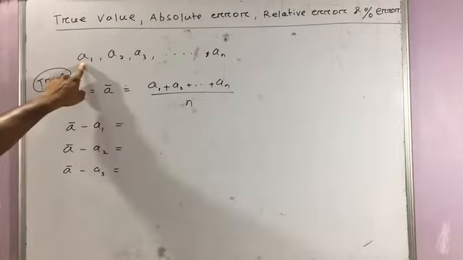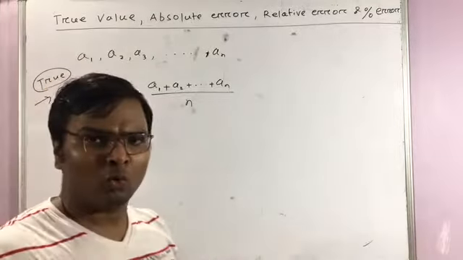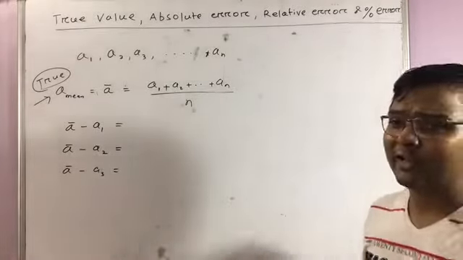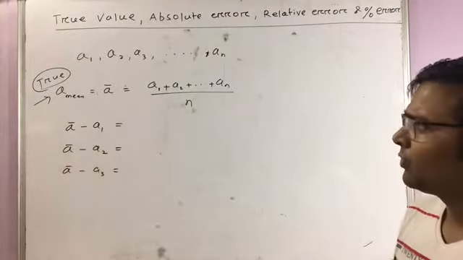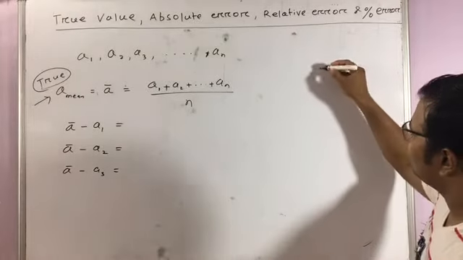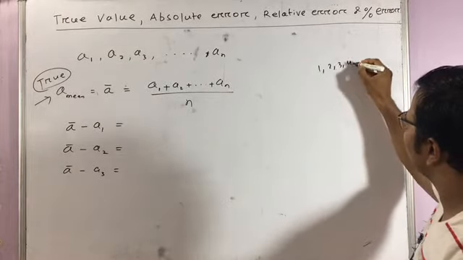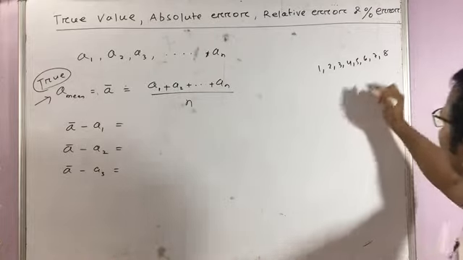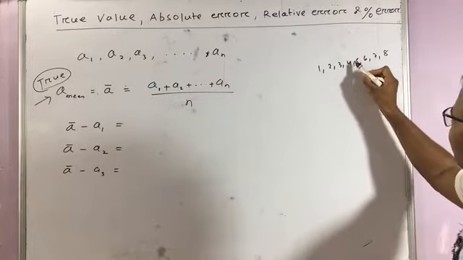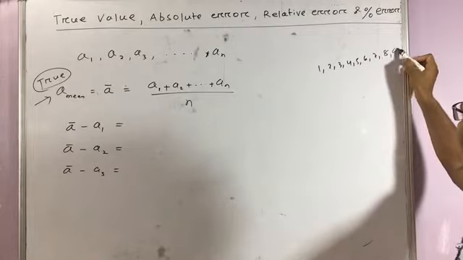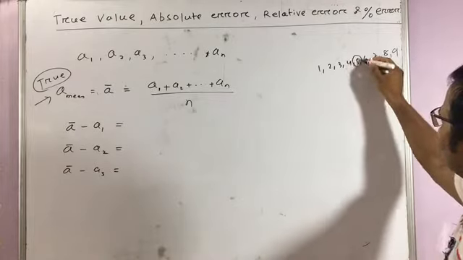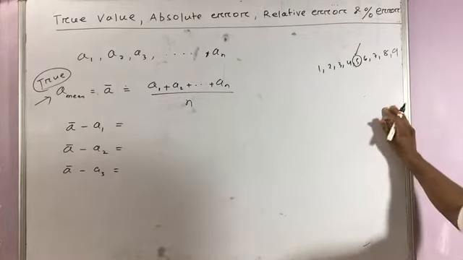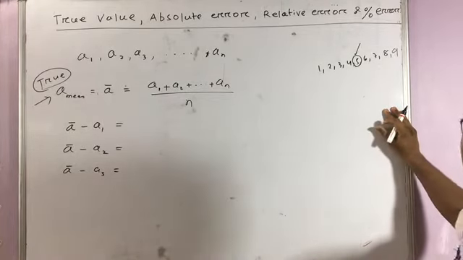Suppose you take the values 1, 2, 3, 4, 5, 6, 7, 8, 9. The average value you are going to get is 5. That 5 can be called your true value of the measurement.